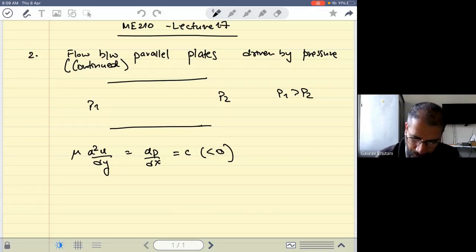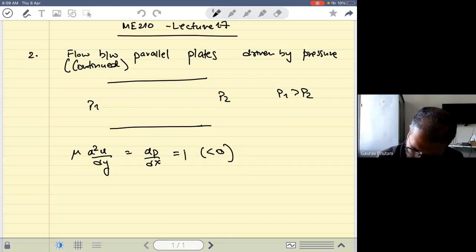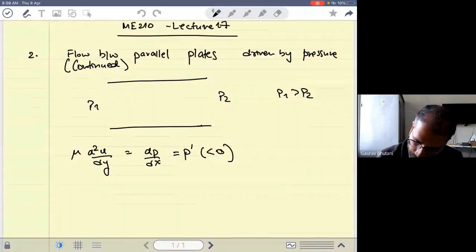Now we simply have to solve this equation. So let's do that. Instead of calling this a constant, we'll call this p prime. It's much easier to write p prime rather than writing dp by dx again and again.